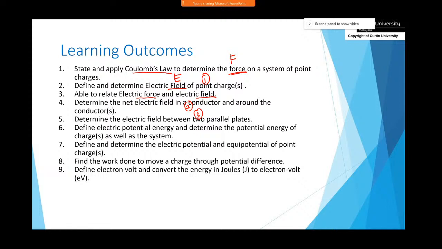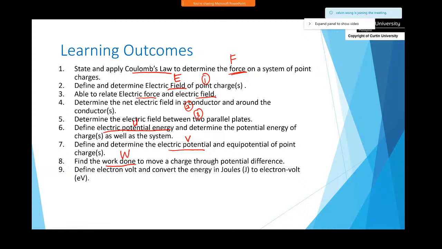another term which is electric potential energy, given by U. This is just like a potential energy, but now it's related with electrostatics. Followed by electric potential, another term. And if we have energy, we have work done also.